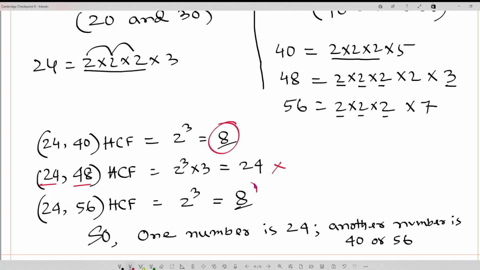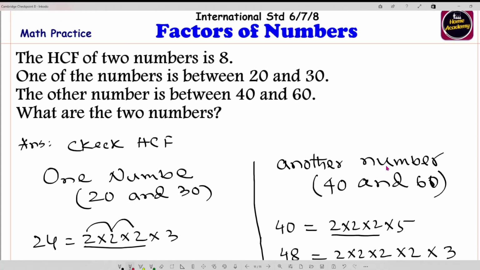We have to find 8. So our right answer is 24 and 40, or 24 and 56, and this is our question answer.